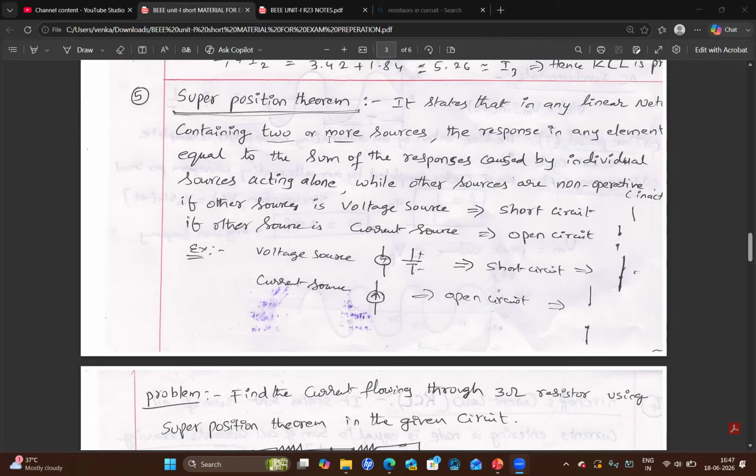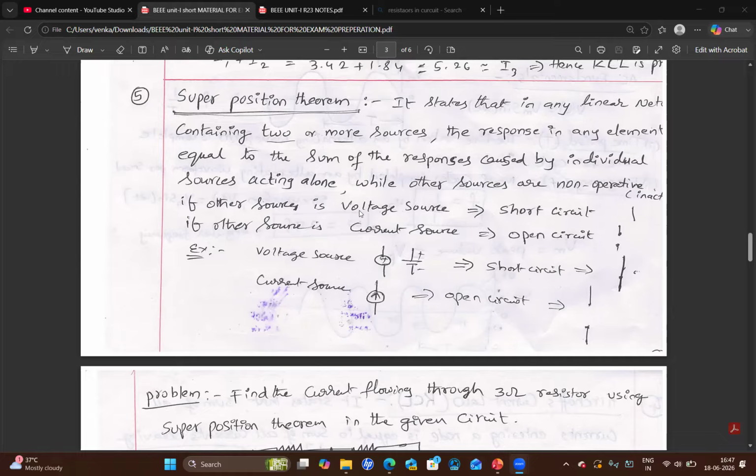So the response in an element is equal to the sum of responses by individual sources acting alone, while other sources are non-operative or inactive. Here, what is the meaning of non-operative or inactive? Suppose the current source is active and the other source, the voltage source, is inactive.